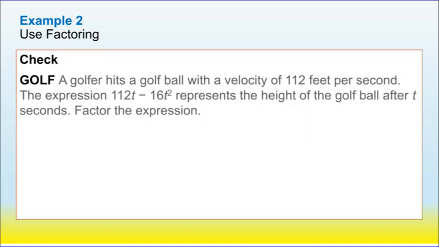Another one, a golfer hits a ball with a velocity of 112 feet per second. The expression 112t minus 16t squared represents the height of the golf ball after t seconds. Factor the expression 112t minus 16t squared.